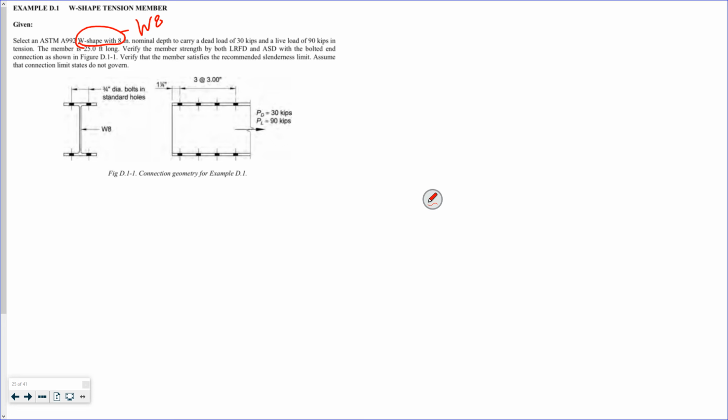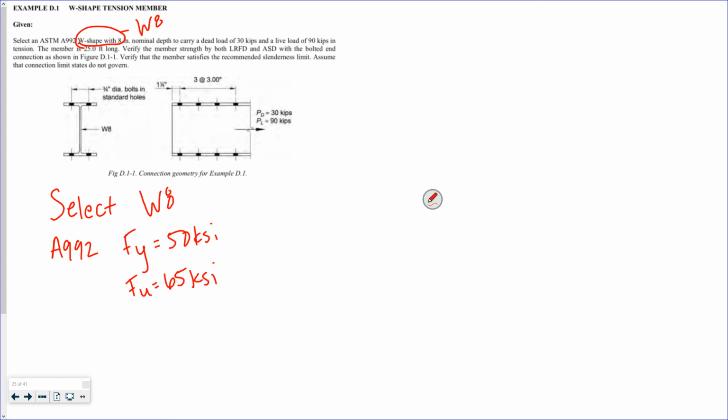So I want to select a W8, A992, FY is 50 KSI, and FU is 65. Right? FY is the yield stress, FU is my stress associated with rupture.